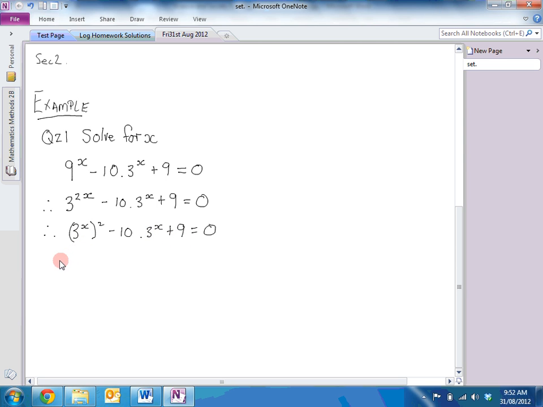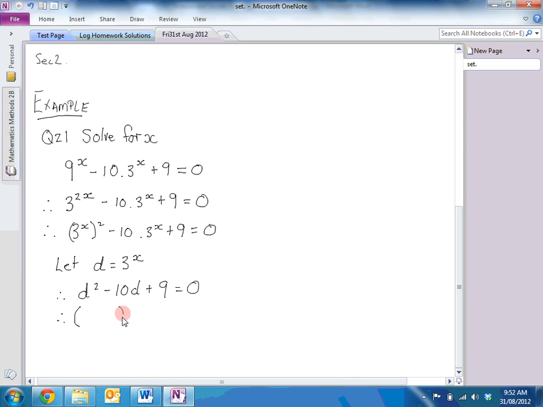And so, I'm going to go let, and what are we going to do today? Let's go let d equal 3 to the power of x. So, therefore, d squared minus 10 lots of d plus 9 equals 0. Okay, we can factorise this.